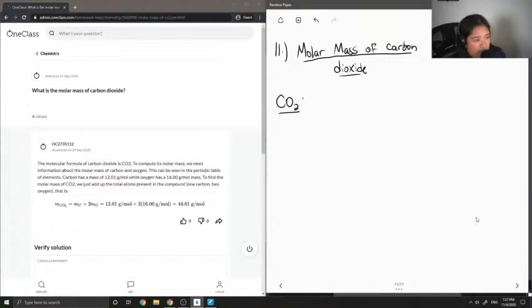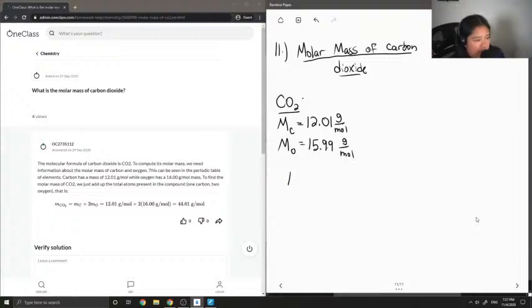So basically, we need to first know the atomic mass of carbon and the atomic mass of oxygen. Okay, so these are the values you would just find on your periodic table. For carbon, it is 12.01 grams per mole. And for oxygen, it is around 15.99 grams per mole.